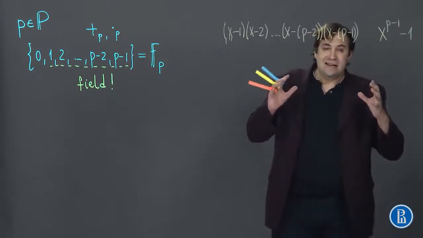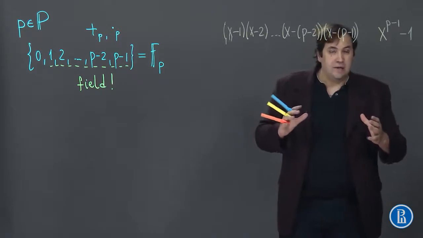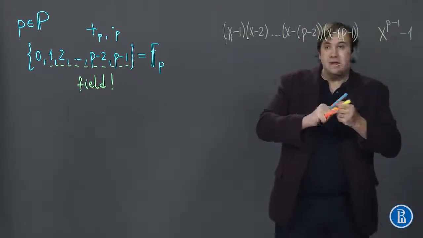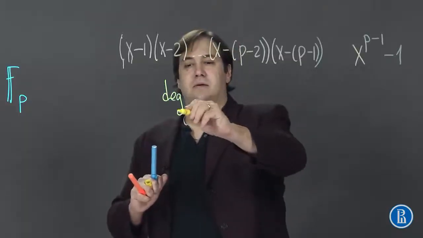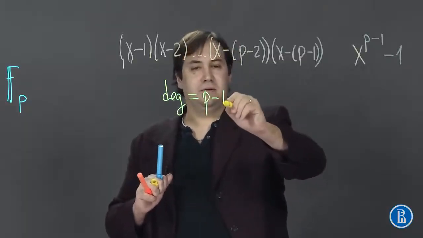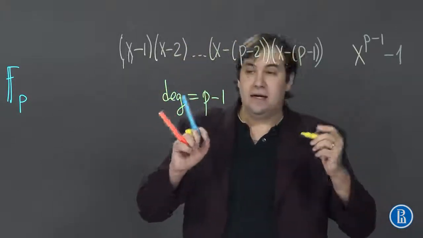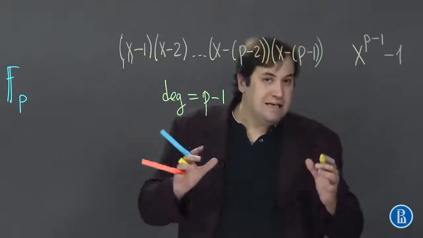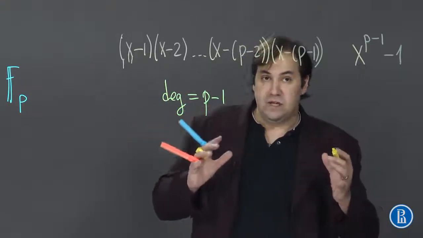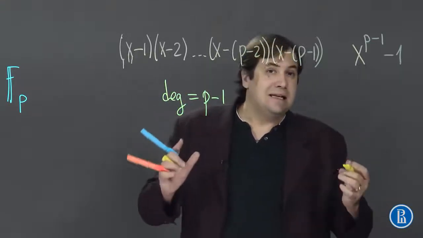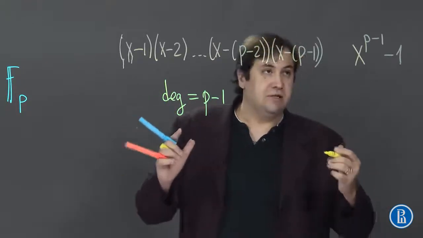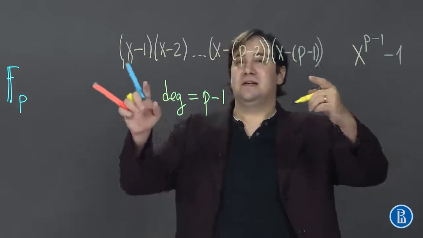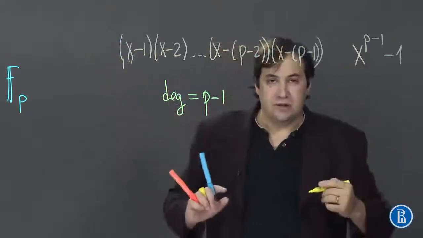Since we're living inside a field right now, these two polynomials, both of degree p minus 1, have the same sets of zeros and the same coefficients upon the greatest power of x, here it is equal to 1 and here it is also equal to 1.